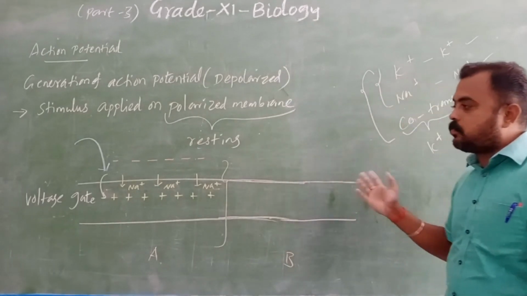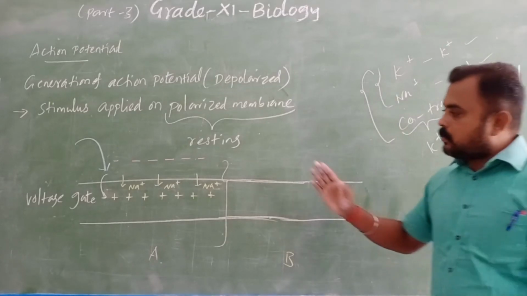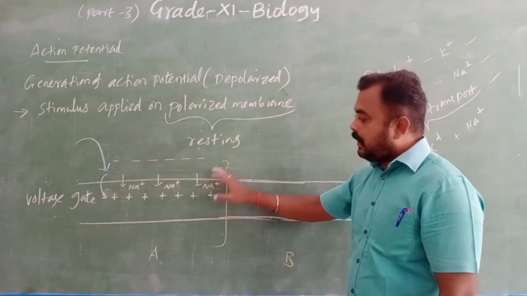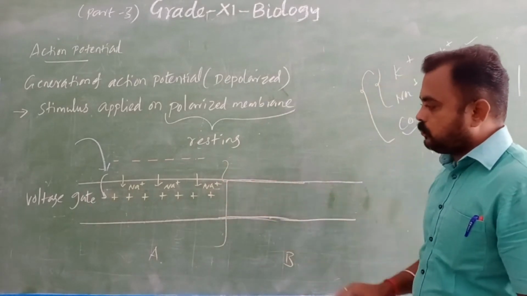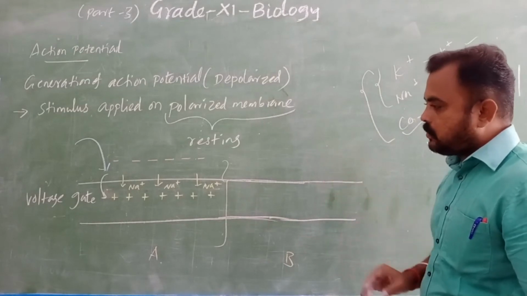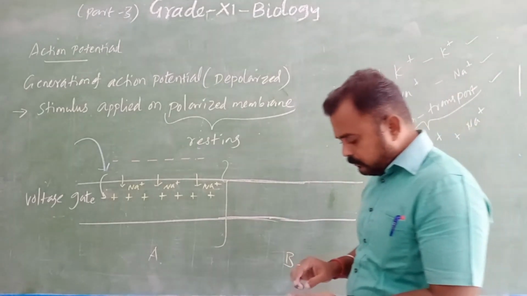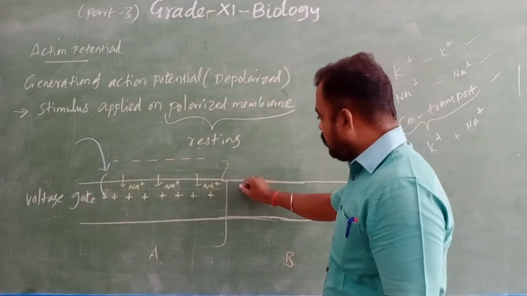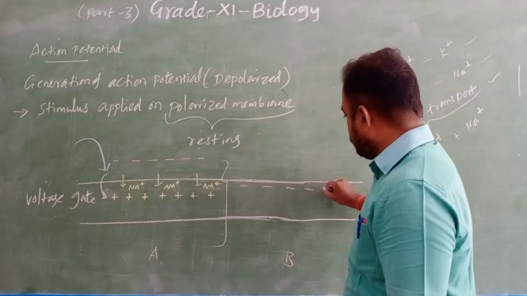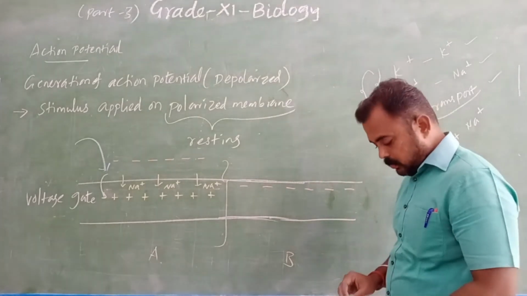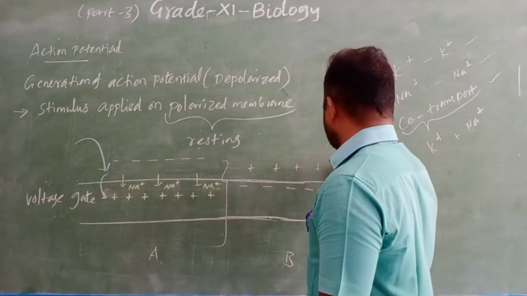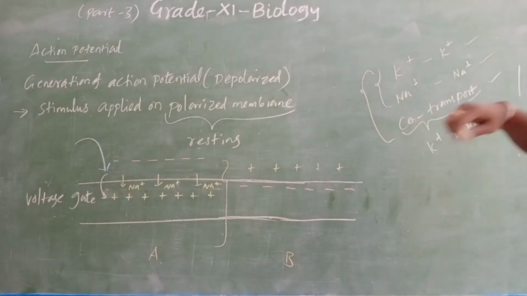So depolarization has happened. Next, how does it move from region A to region B? Here you see we have negatively charged and positively charged regions.